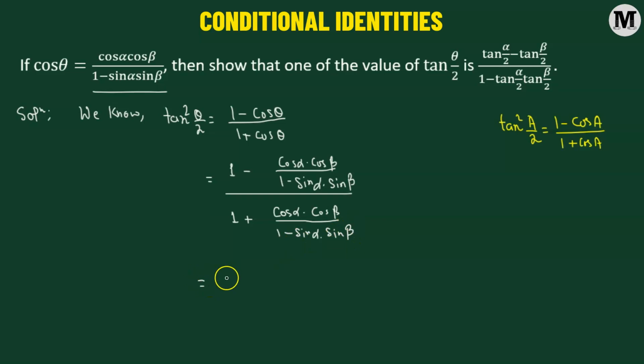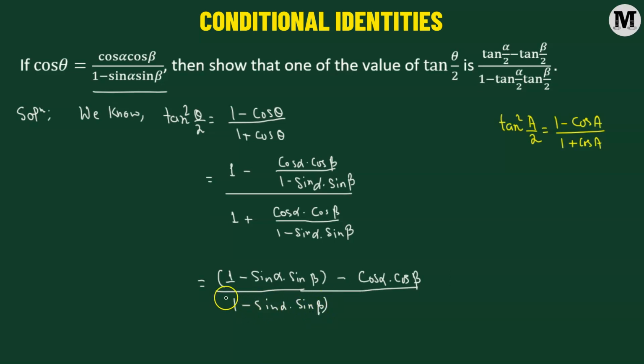All we're doing is multiplying both the numerator and the denominator with 1 minus sine alpha sine beta. So in the numerator, this gives 1 minus sine alpha sine beta as one term, and the next term will be simply minus cosine alpha times cosine beta. In the denominator, we get 1 minus sine alpha times sine beta as one term, and the next term will be positive cosine alpha times cosine beta.